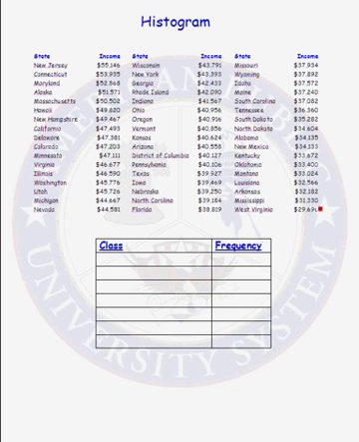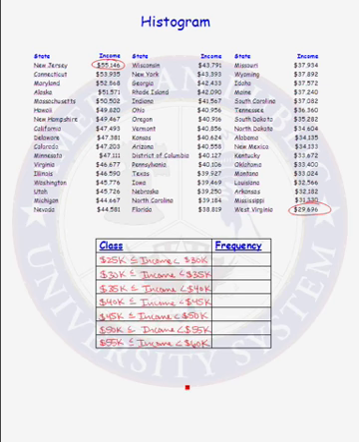We see that the minimum median income is a little more than $29,000, and our maximum median income is $55,000. Let's try using classes with a width of $5,000. Here are our classes.